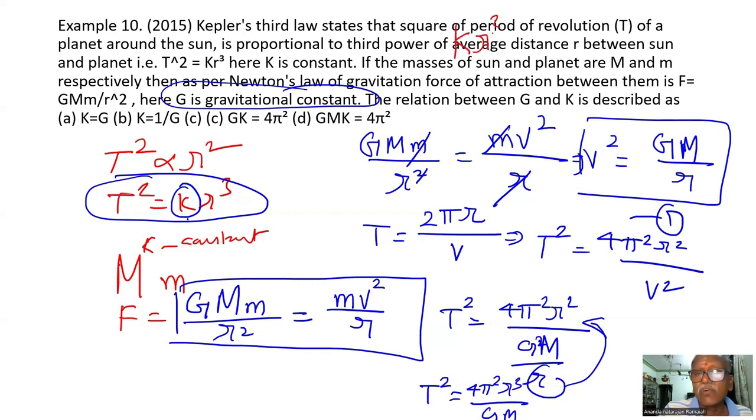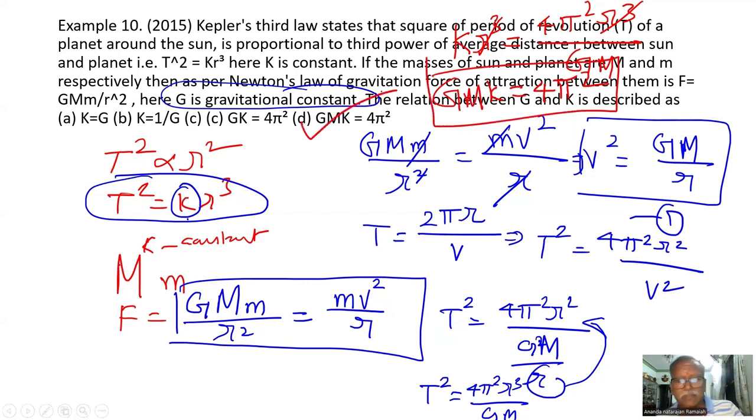Therefore, K r cube equal to 4 pi square r cube divided by G M. R cube also getting cancelled. Therefore, K equal to 4 pi square divided by G M, or G M K equal to 4 pi square. Therefore, D is the answer.